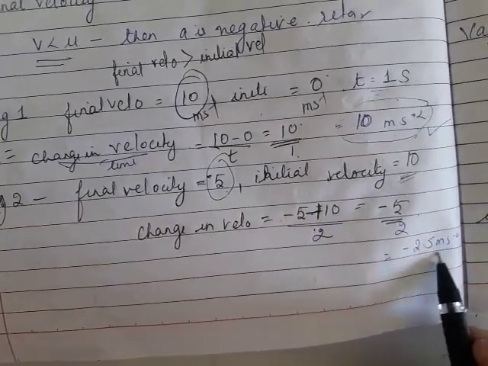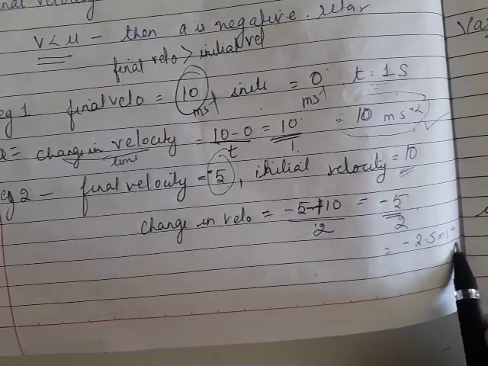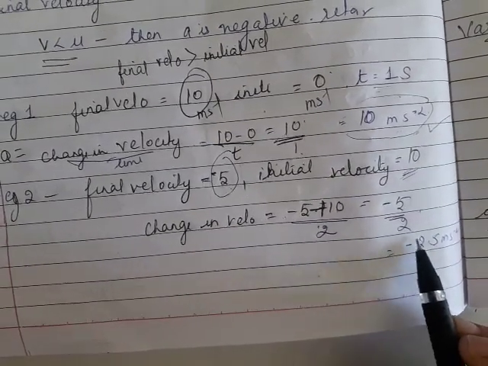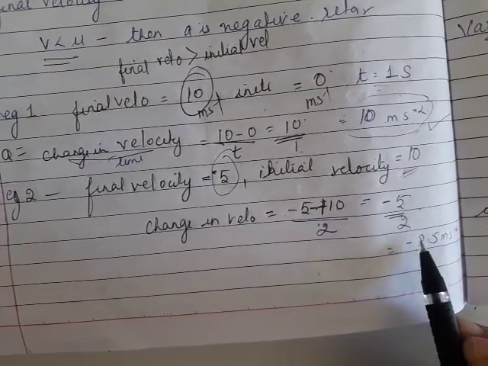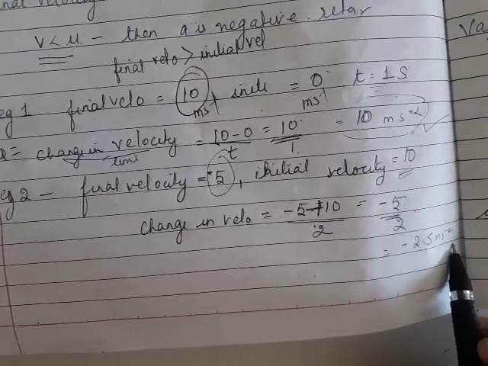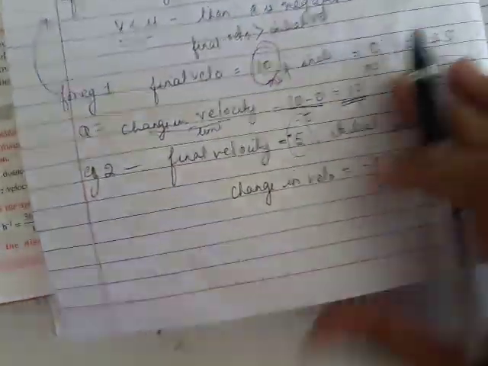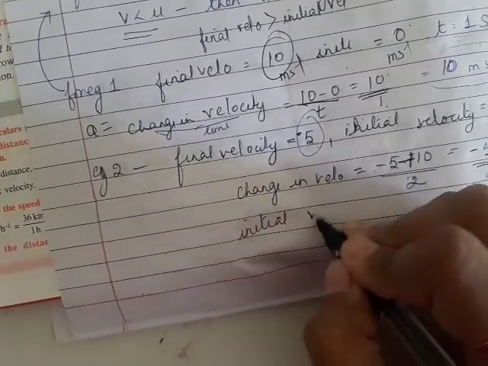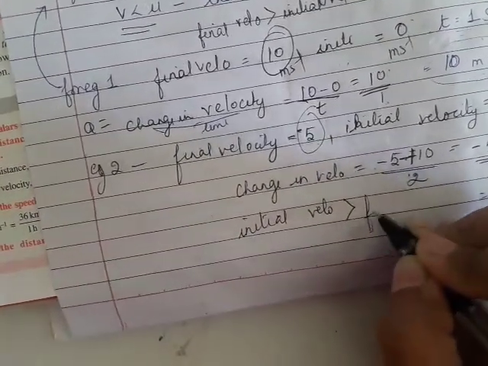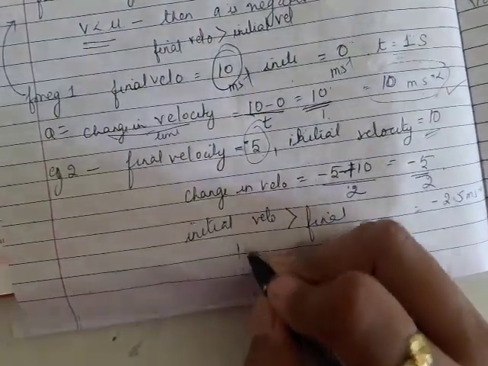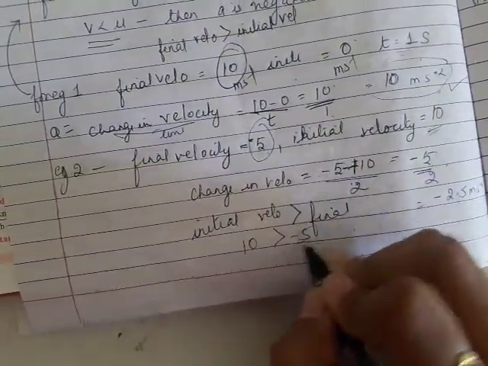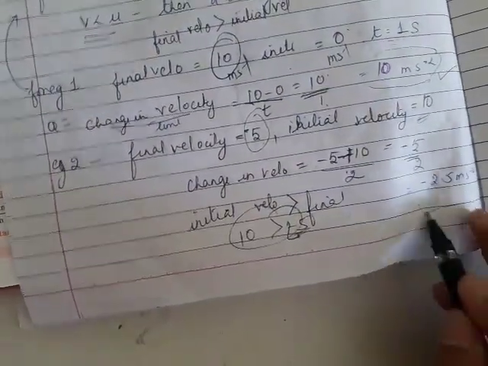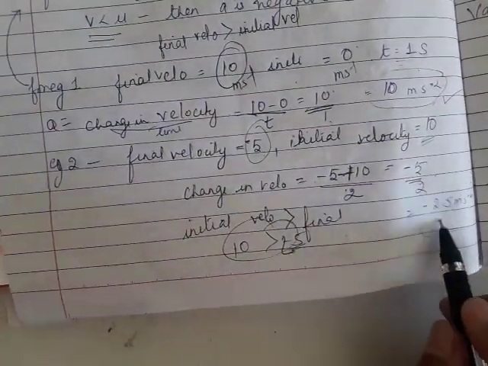So the answer comes as minus 2.5 meter per second square. When does this case occur? This case occurs when initial velocity is greater than final velocity. What was the initial velocity here? 10. What was the final velocity? Minus 5. So in this case the acceleration will be negative.